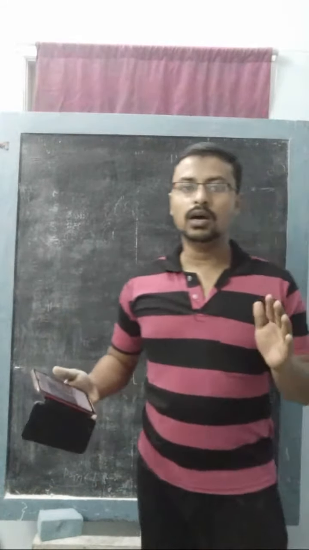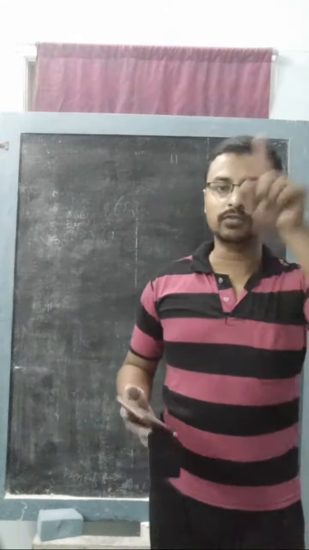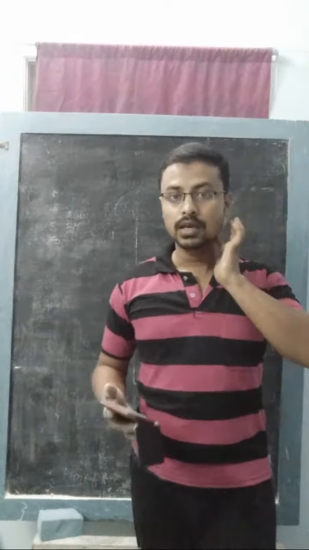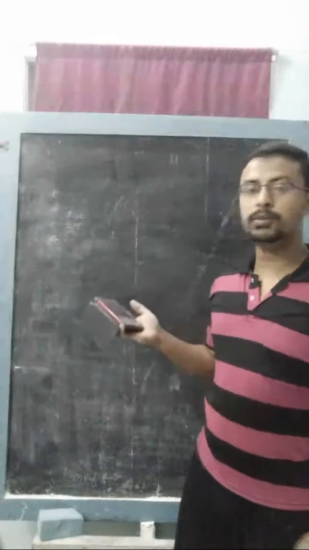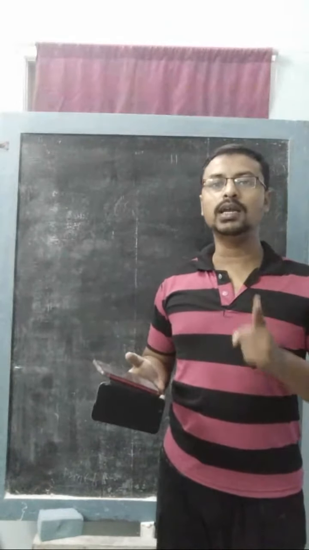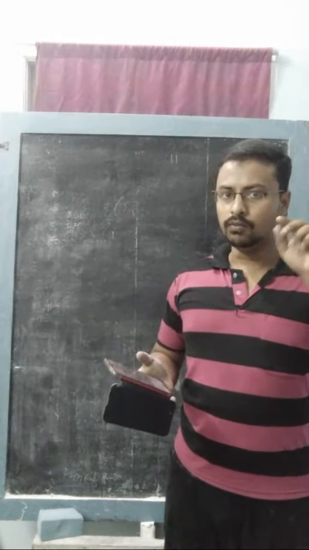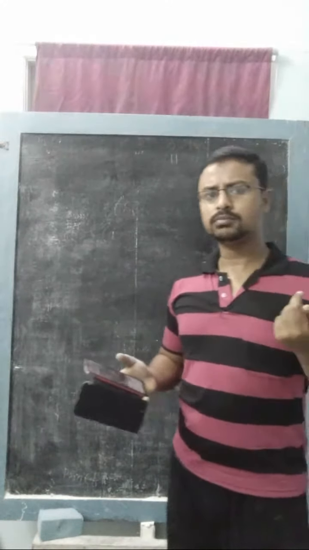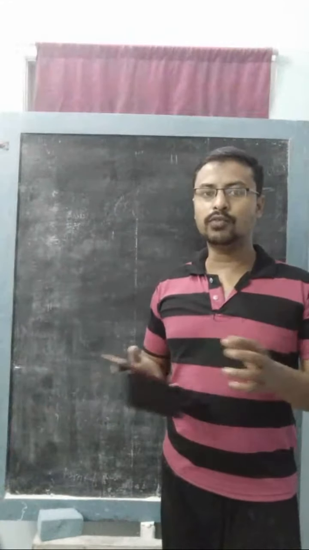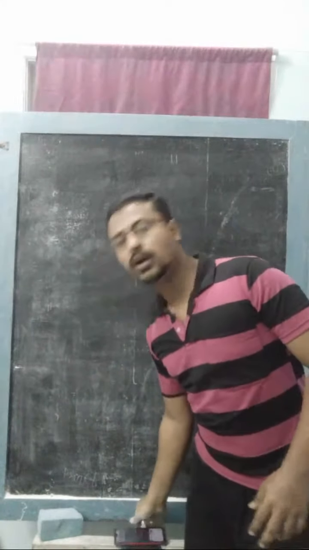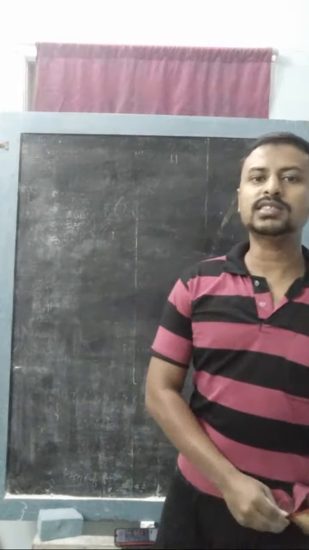If your for loop consists of more than one line, you have to use open bracket and close bracket. As we already saw in the program, scanf is the only one statement for both the inner for loop and outer for loop. So both the for loops consist of only one statement, that is scanf.